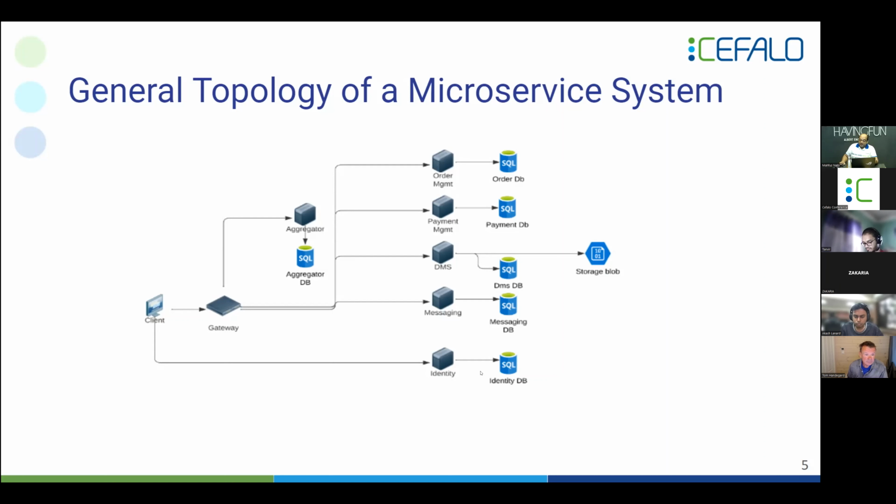Now, pay close attention here. My identity microservice is used for authentication of users. Generally, a microservice system will work like this. First, a user, the client, maybe you're running an Angular client or React client, whatever client it is, first you send a call to the identity microservice to get a token, right?